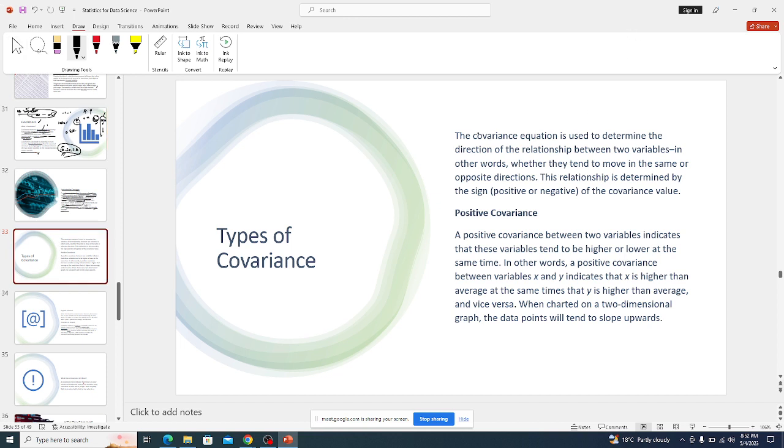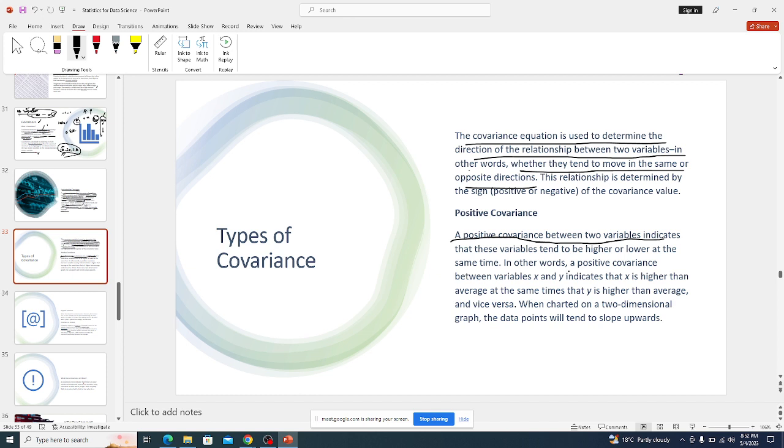The covariance equation is used to determine the direction of the relationship between two variables. In other words, whether they tend to move in the same or in the opposite direction. A positive covariance between two variables indicates that these variables tend to be higher or lower at the same time.